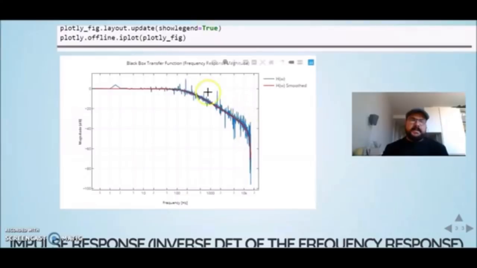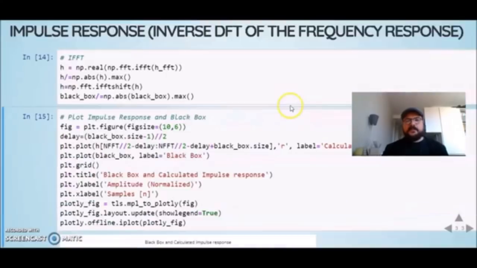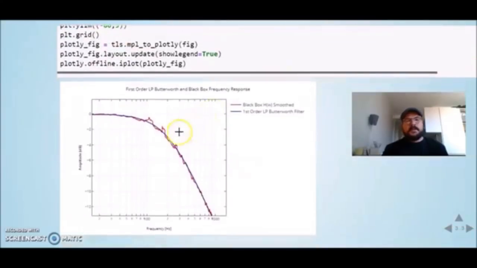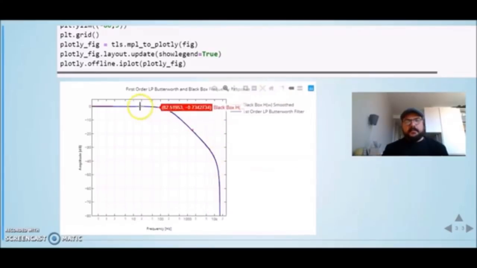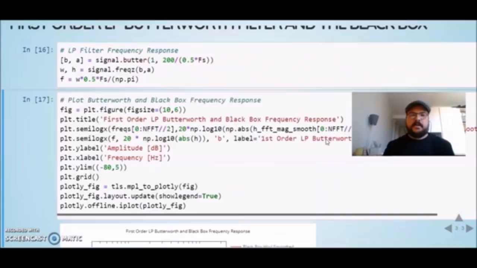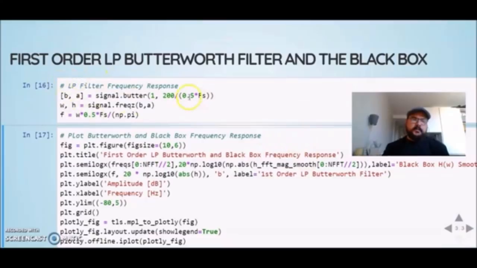So by analyzing here, we've seen that it could be a first-order low-pass filter. And if we compare with a Butterworth filter, first order, 200 Hertz cutoff frequency, we see that our black box is a very good approximation of this Butterworth filter. In fact, to make this black box, I already had this Butterworth filter.